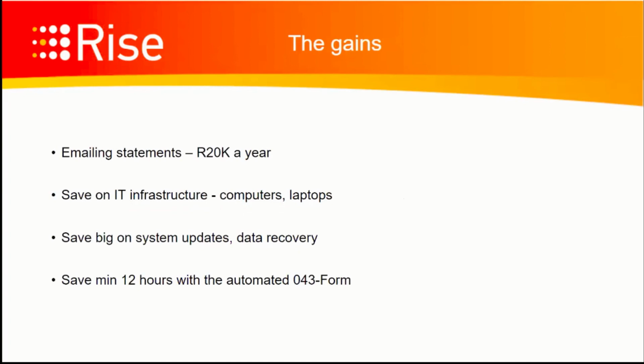Through our research, we found that emailing statements, which is another function of our system, saves schools up to 20,000 Rand a year. They also save on IT infrastructure with laptops and computers, and save big on system updates and data recovery because you're using one system and it's all cloud-based. You can also save a minimum of 12 hours with the automated O43 form, which is unique to our system, and nobody else has that.